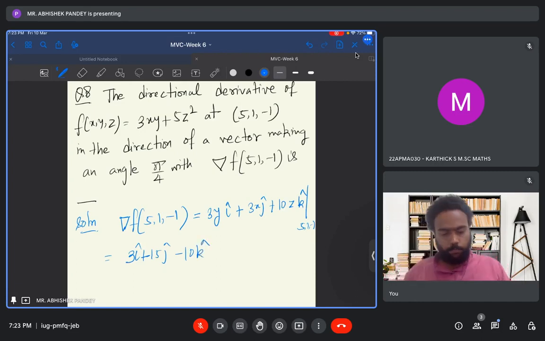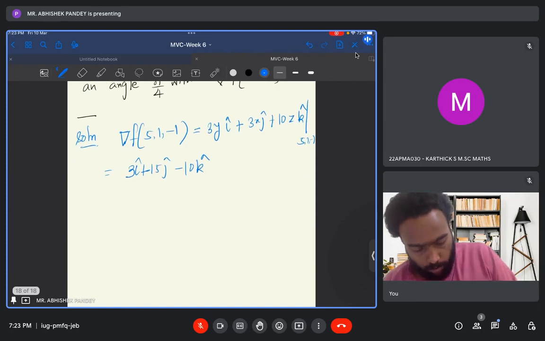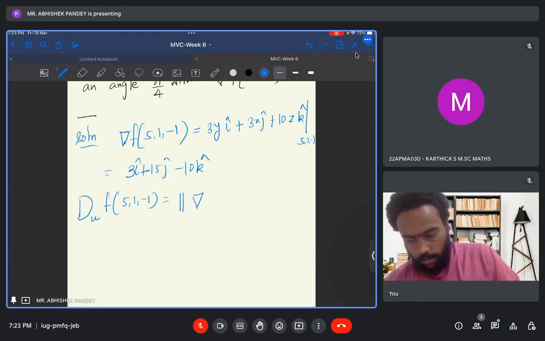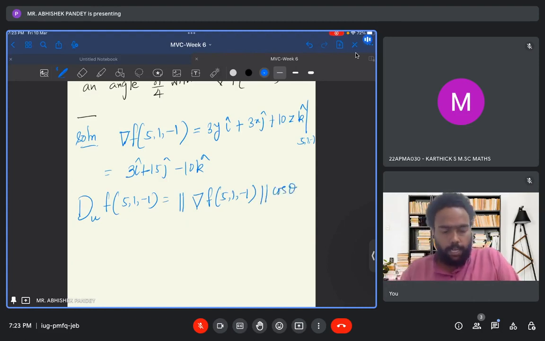The directional derivative in the direction u at the point is the norm of the gradient times cos theta, where theta is the angle.